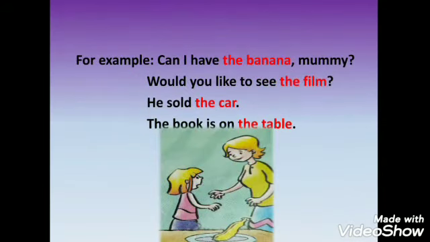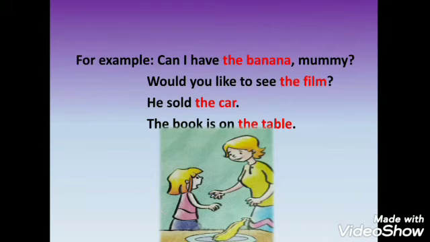Examples to learn the second use. Can I have the banana, Mummy? Would you like to see the film? He sold the car. The book is on the table. In these examples, the banana, the film, the car, the table mean that particular thing or that particular object.